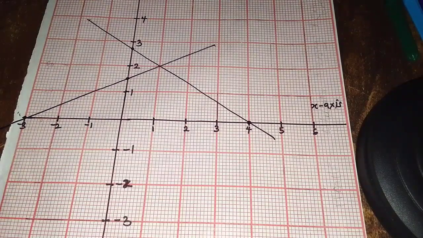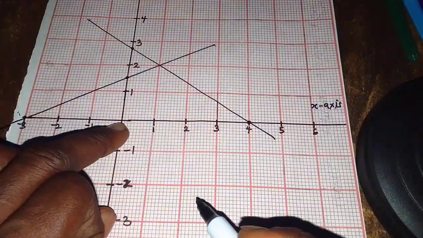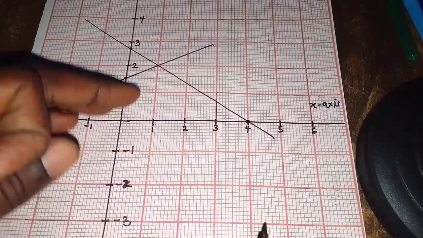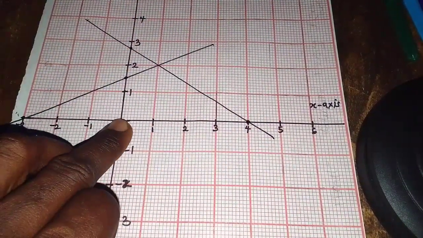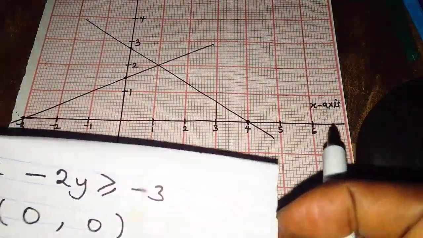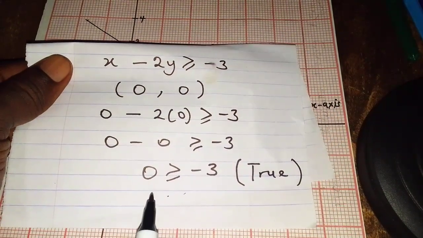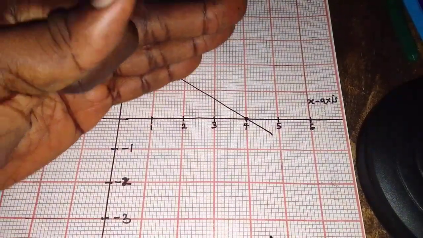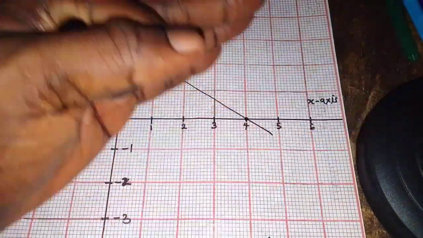To get the place you have to shade, you realize that this is x 0, y 0. You are picking it from this part of the graph. So when you substitute x 0, y 0, you realize what? 0 is greater than minus 3, and that statement is true. So you know in your mind you have to shade this part of the graph.